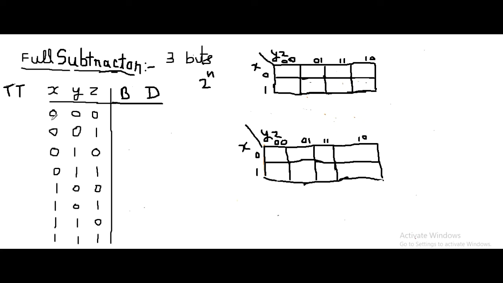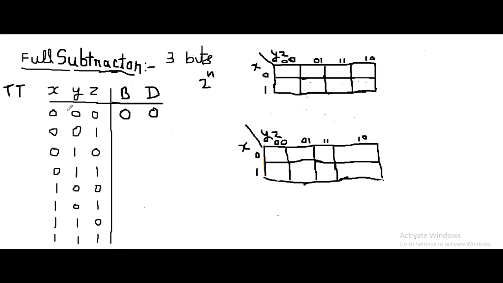In the first case, when we have x 0, y 0 and z 0, the difference is 0 and the borrow is again 0, because all the 3 numbers are 0. In the second case we have x minus y minus z, so read it like that.